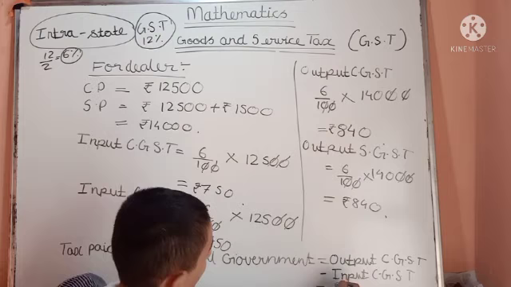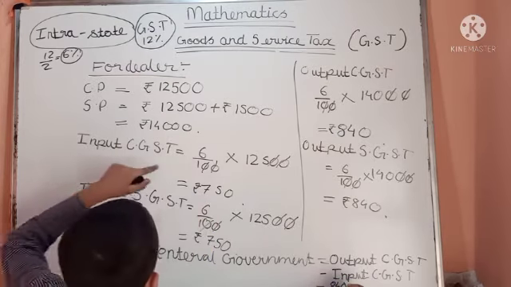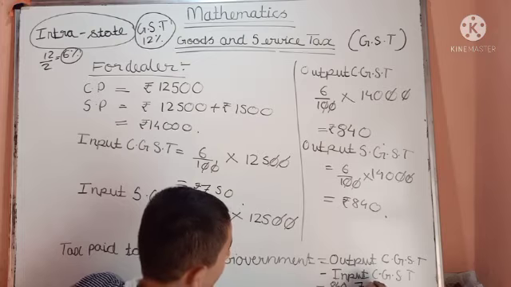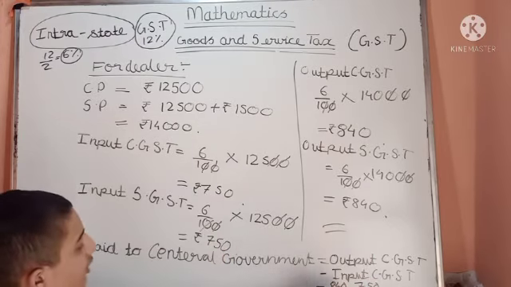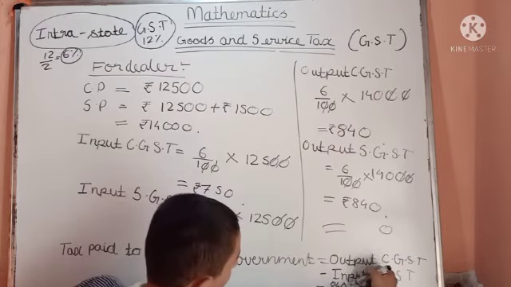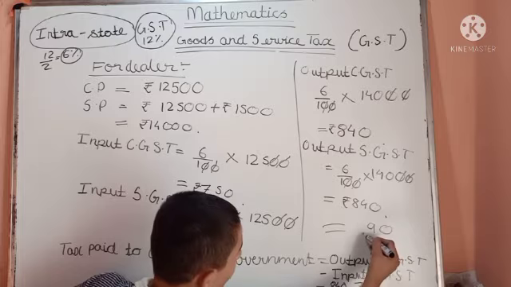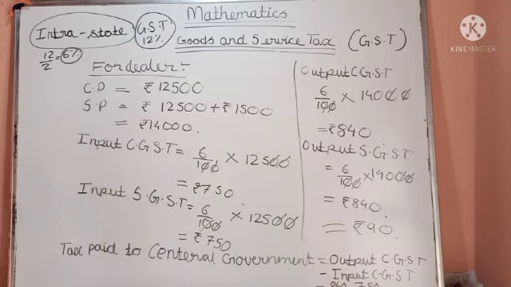See, output is 840 minus 750. So the tax paid to the central government is 840 minus 750, 14 minus 5 it will be 9, so it is rupees 90.